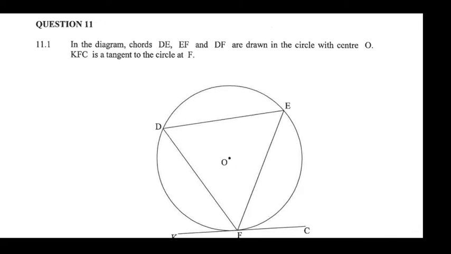Anyways, let's get down to this question. Question 11. We are given chords DE, EF and DF, right? And then we are given a tangent KFC. What a nice tangent.